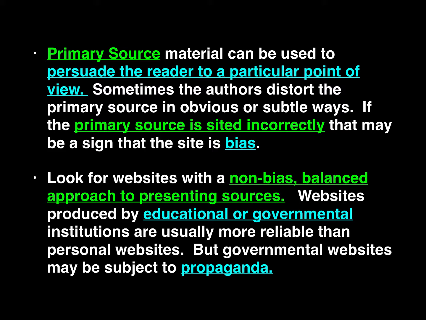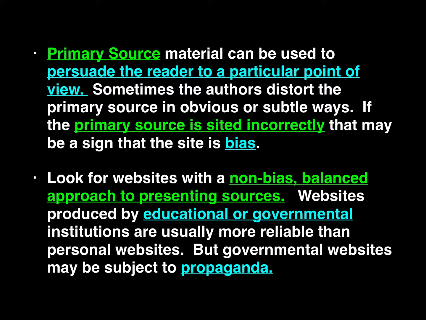Primary source material can be used to persuade the reader to a particular point of view. Sometimes the authors distort the primary source in obvious or subtle ways. If the primary source is cited incorrectly, that may be a sign that the site is biased.